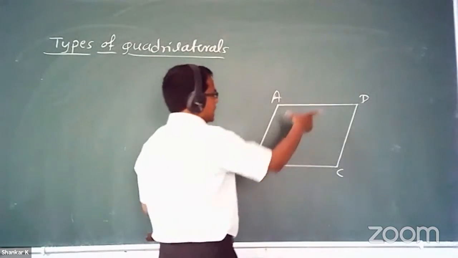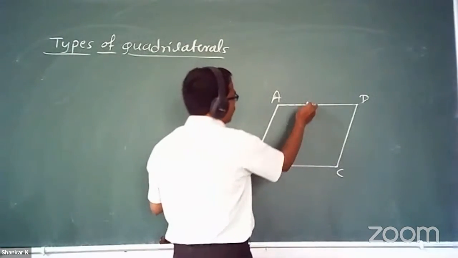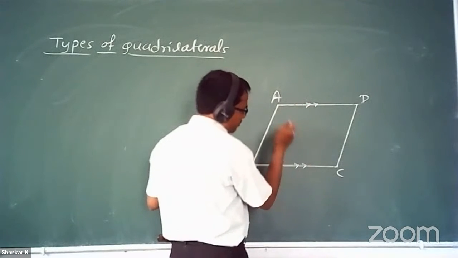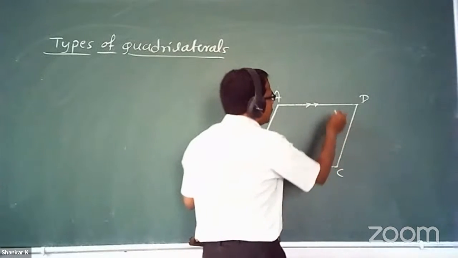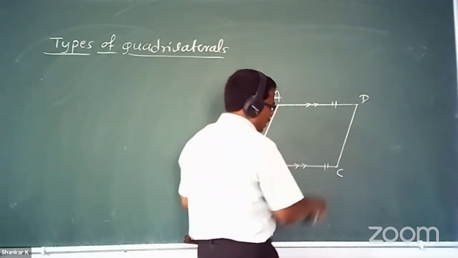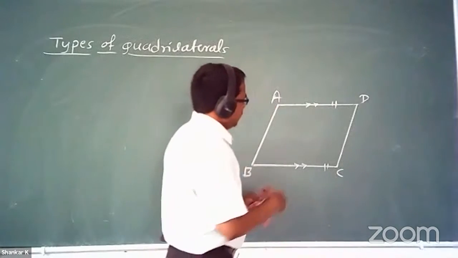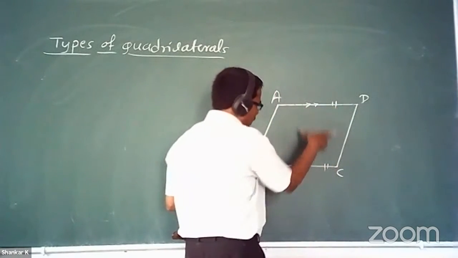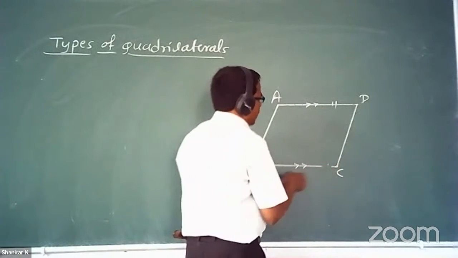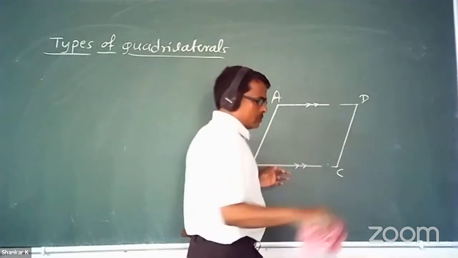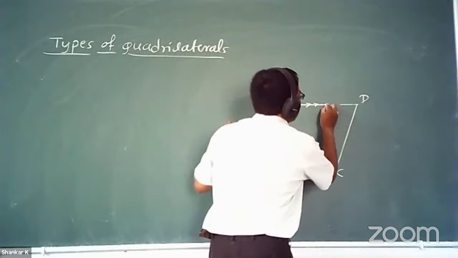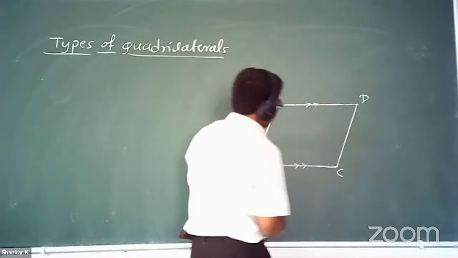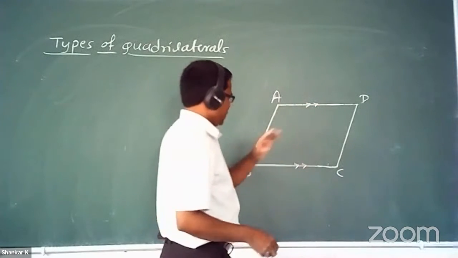Which are the opposite sides? AD and BC. These two are parallel. This is the parallel symbol. If I draw like this, it means AD is parallel to BC.